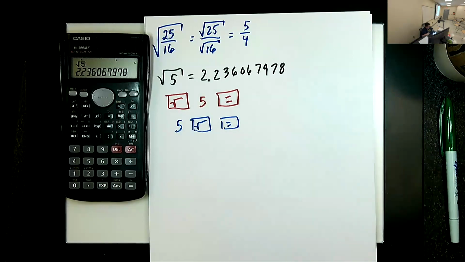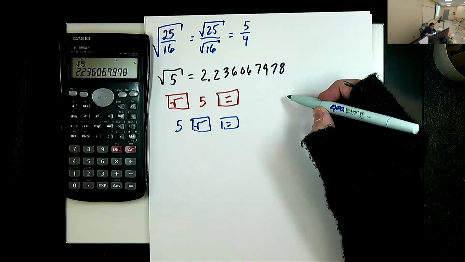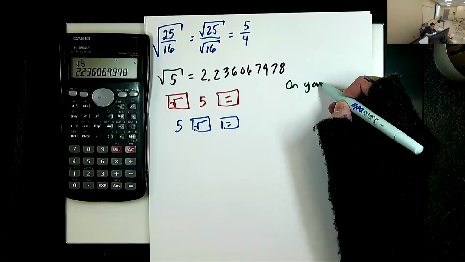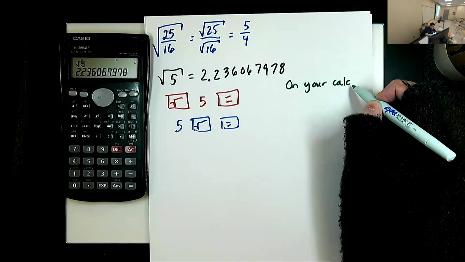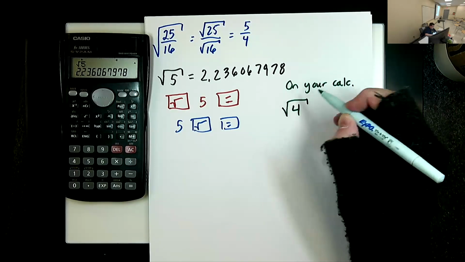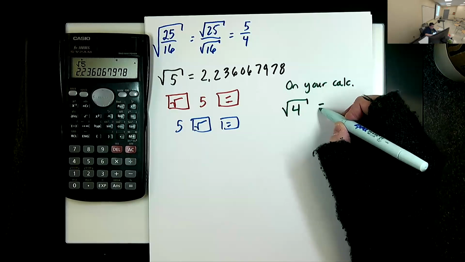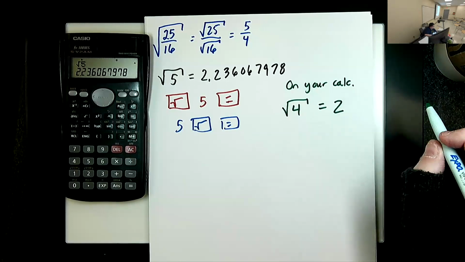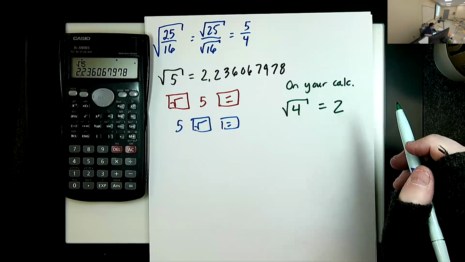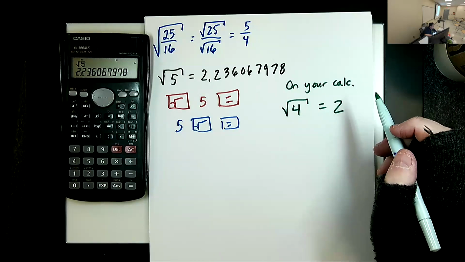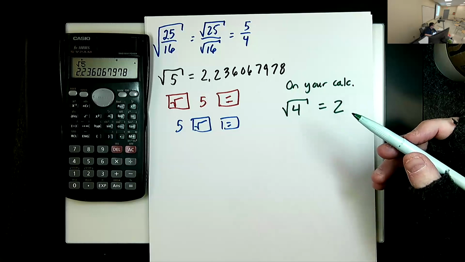So how yours works depends on you. I recommend you try on your calculator the square root of 4. Hopefully everyone knows that 2 times 2 is 4. When you figure out the right combination of keys to put square root of 4 in your calculator and it gives you a 2, you'll know how to use your calculator for square roots.